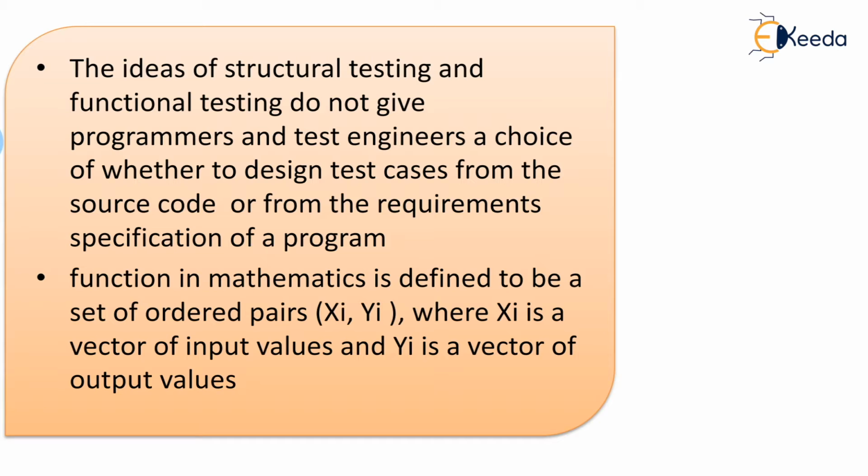Now the functional way. Accordingly, a mathematical formula is derived, an ordered pair (xi, yi), where xi is treated as the input value, a vector input value, and yi is the vector of output value. It means x and y are the input and output vector values.